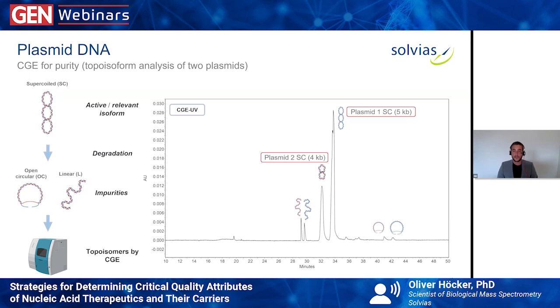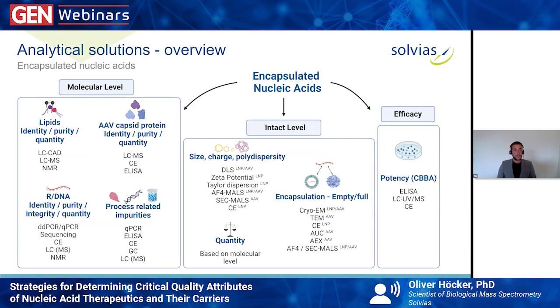But also on the left side, the linear forms are completely baseline separated, and on the right side, the open circular forms as well. So it's a very powerful technique that can identify these topoisoforms as impurities that almost no other technique can do.